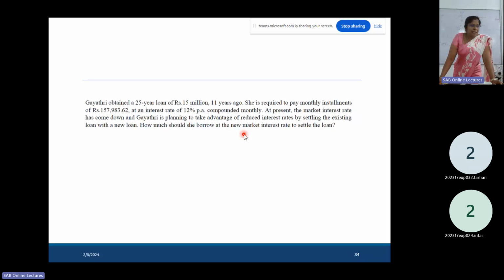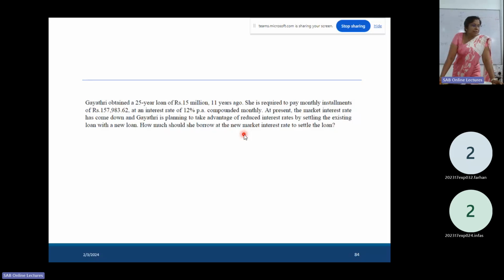Right? She obtained a 25-year loan 11 years ago. Installments are on a monthly basis, right? Interest is 12% per annum, compounding monthly.